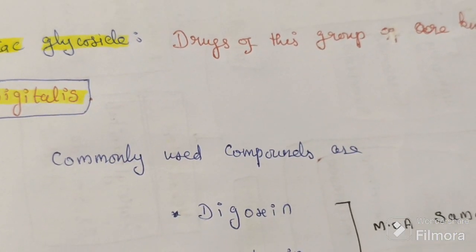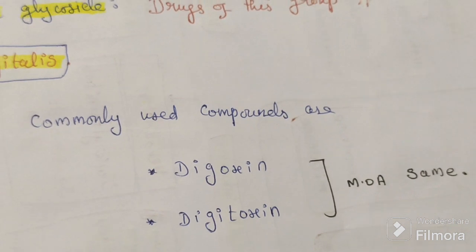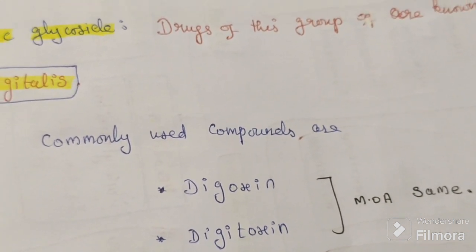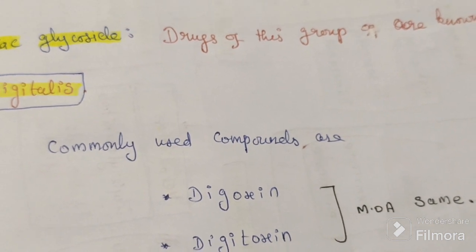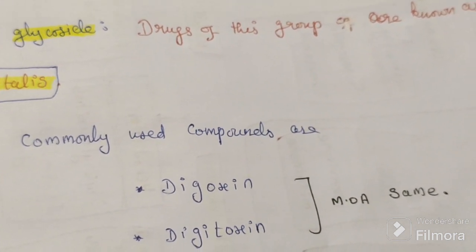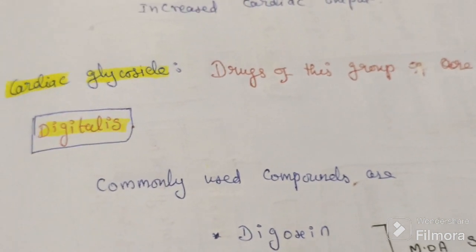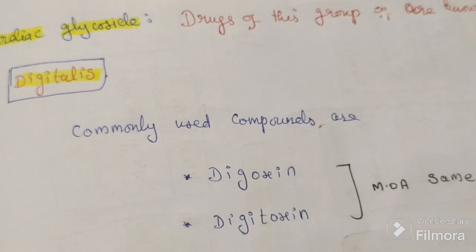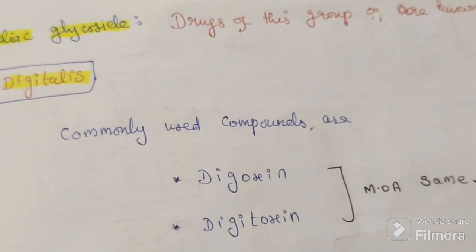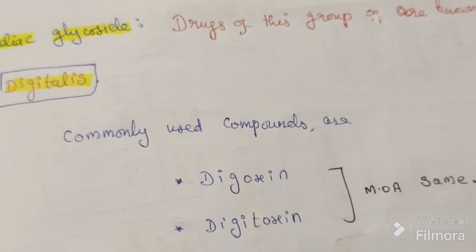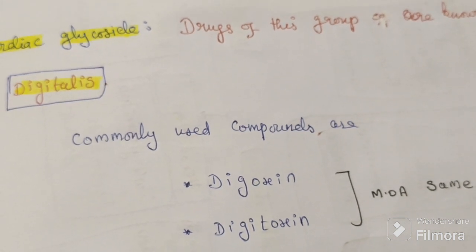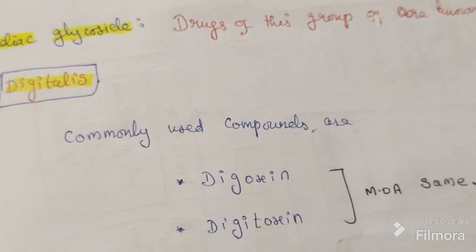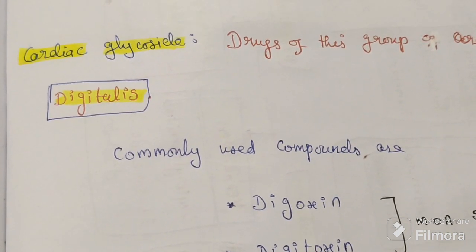For cardiac glycosides, we give two drugs. One is digitoxin, another one is digoxin. Together they are known as digitalis. Digitalis means both, digitoxin and digoxin. They are different in their pharmacokinetics, but together known as digitalis.